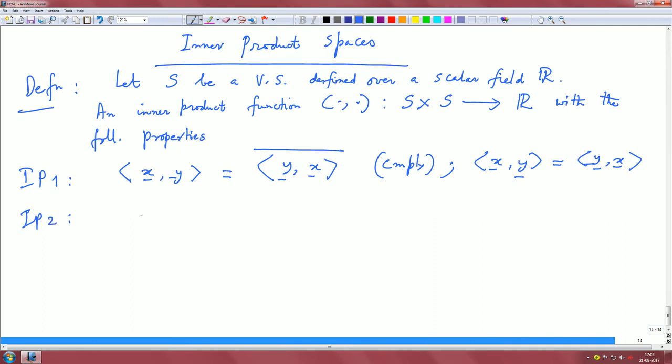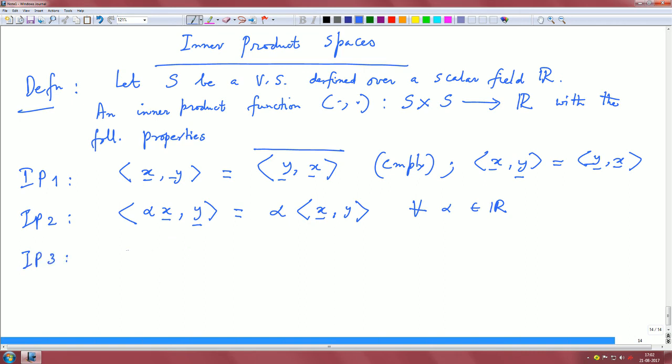We have the second property, alpha x with y. We can assume without much loss of generality that we just consider the reals for all the coordinates. If you take the inner product of alpha x with y, it is alpha times the inner product of x and y, for every alpha belonging to the real numbers.